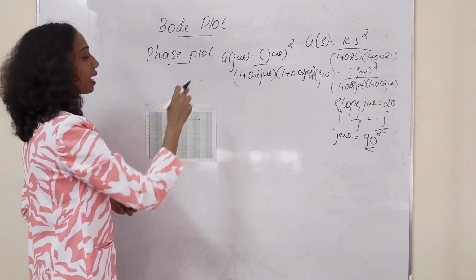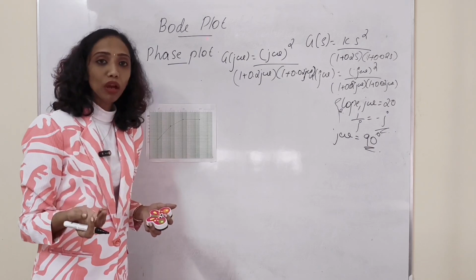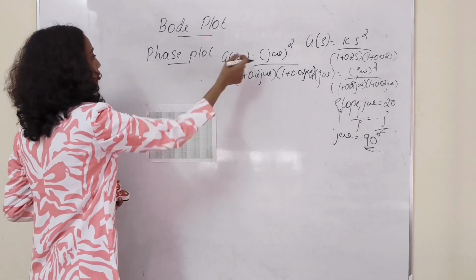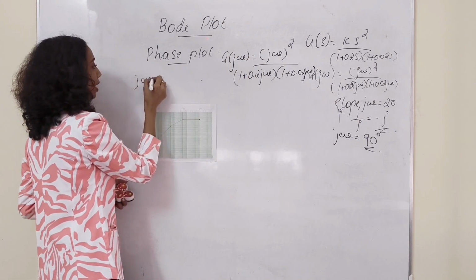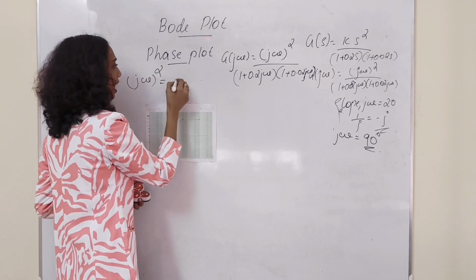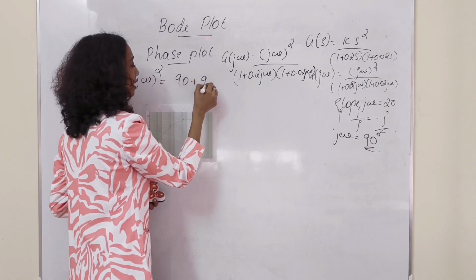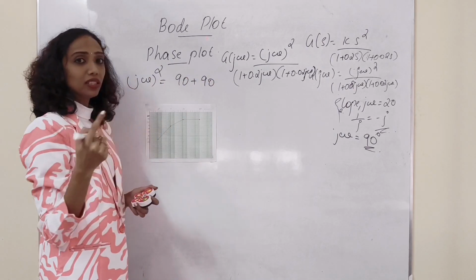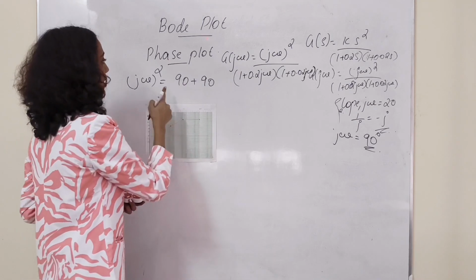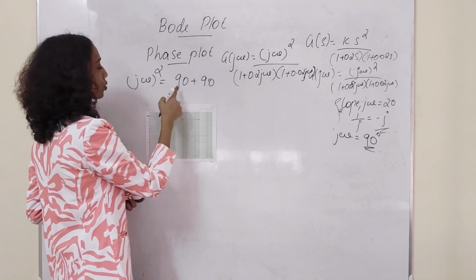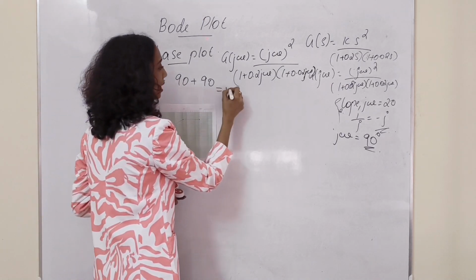In the case of multiplication, we have to add. So for (j omega) squared, we add the values 90 plus 90, which is 180.